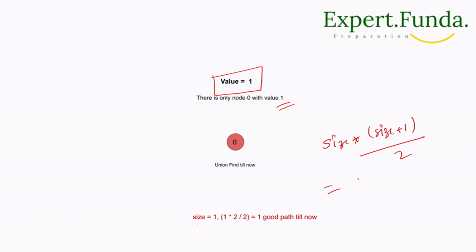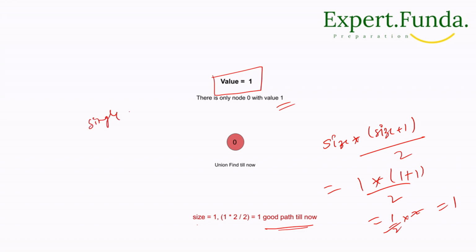So if size is 1, then 1 into 1 plus 1 by 2, and that is 1, correct? So single nodes each contain one path, not a good path but one path, and that's why we are getting that one.